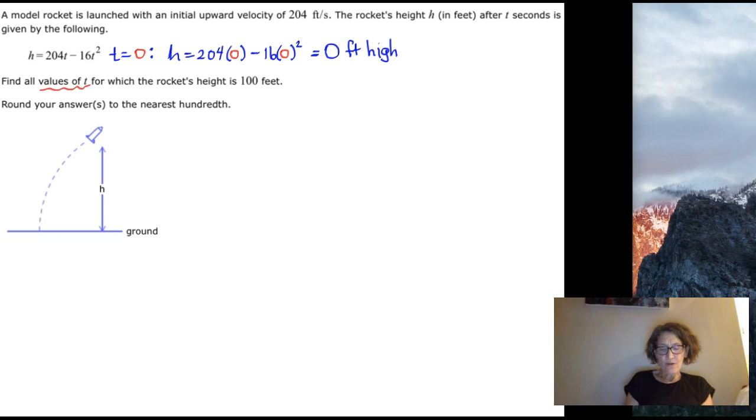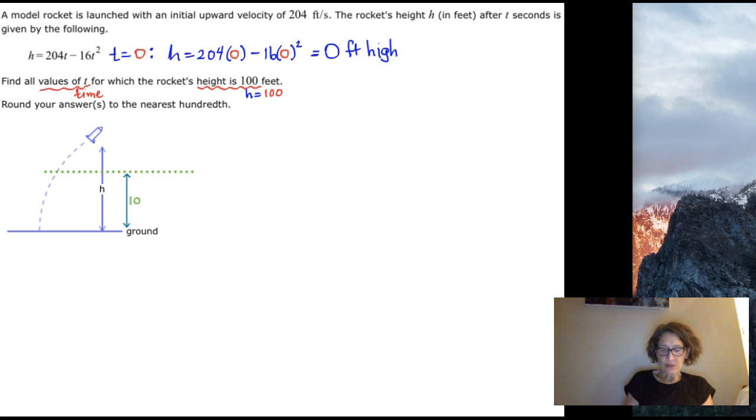Great. So now find all values of t. So we're looking for time again, for which the rocket's height is 100 feet. So what do they mean, all values of t? Well, let's look at the picture and see what that might mean. So the rocket's height is 100 feet. Well, let's draw a horizontal line for h equals 100.